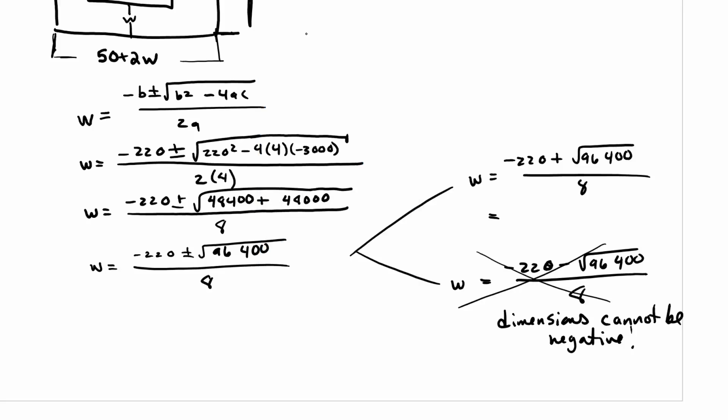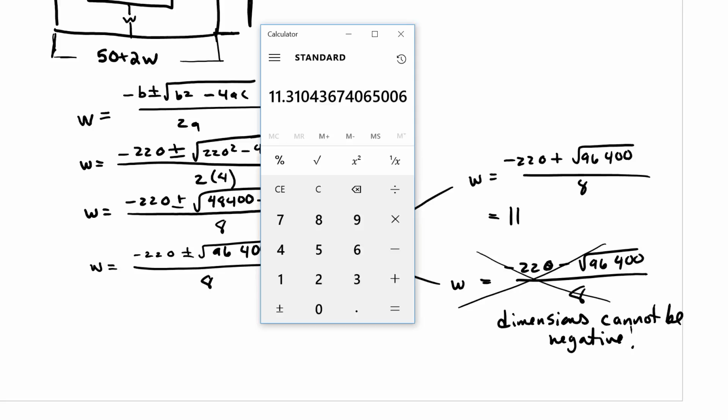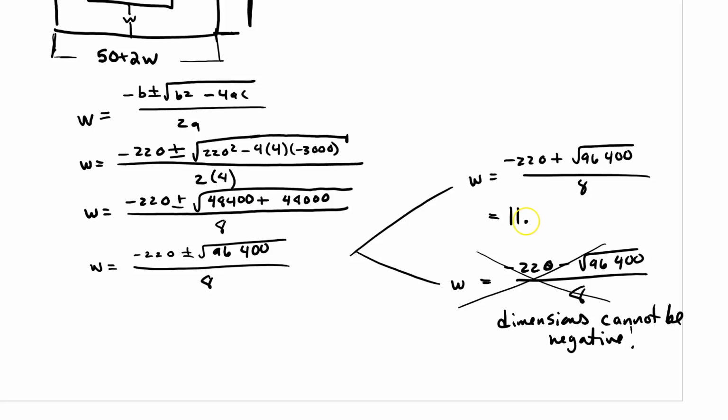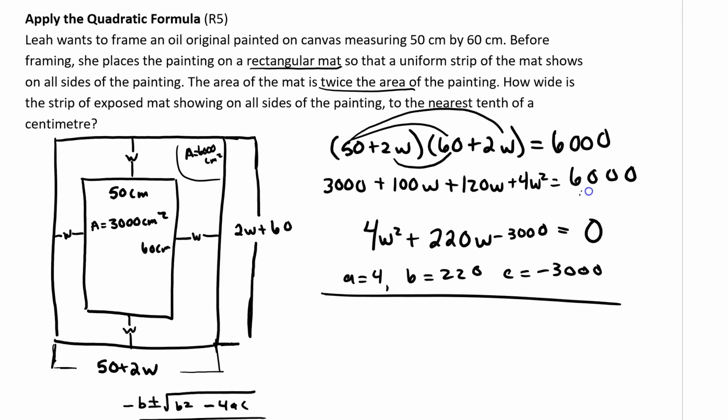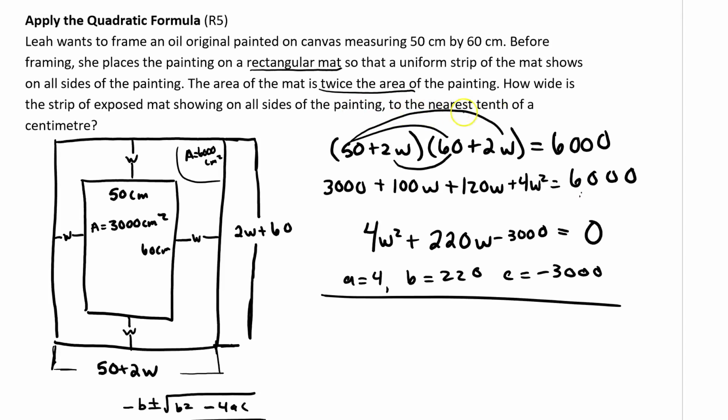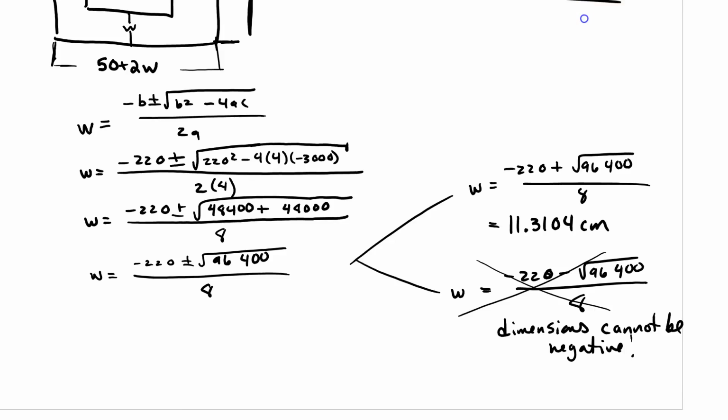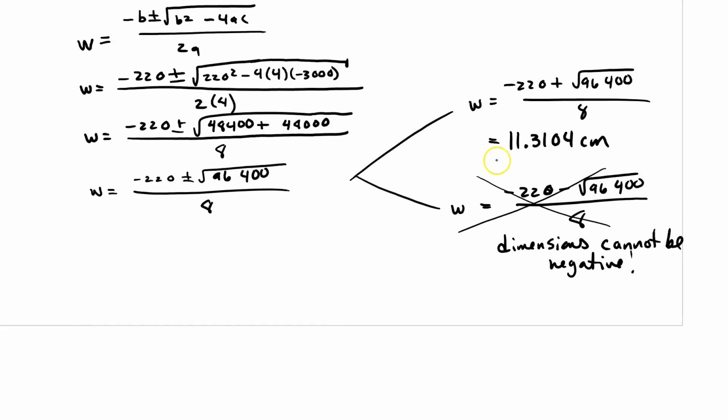And we get an answer of 11.3104 centimeters. Now let's scroll up to see if there are any specific instructions. To the nearest tenth of a centimeter. So we know that that will round to 11.3 centimeters.